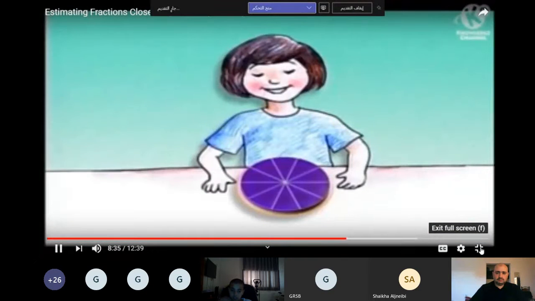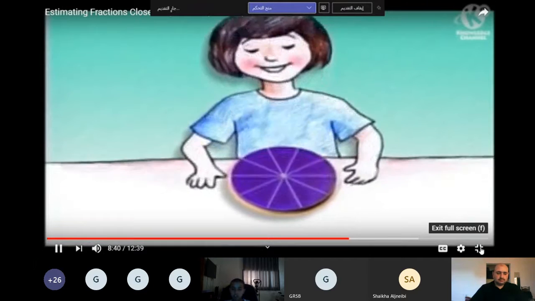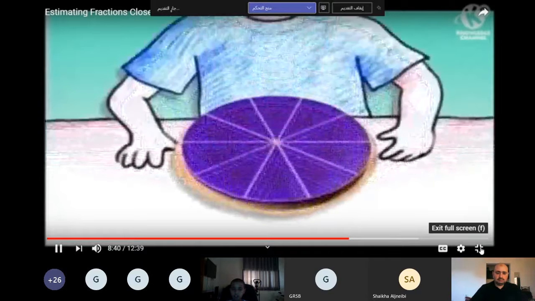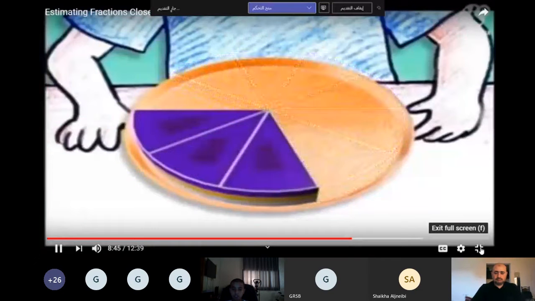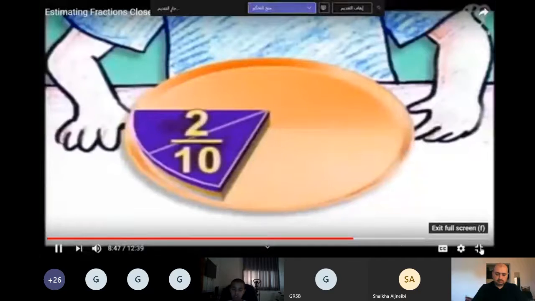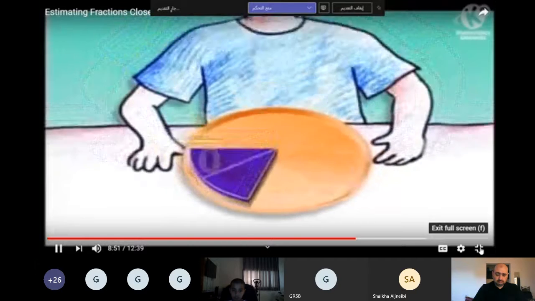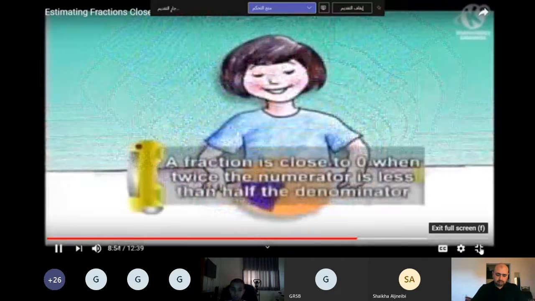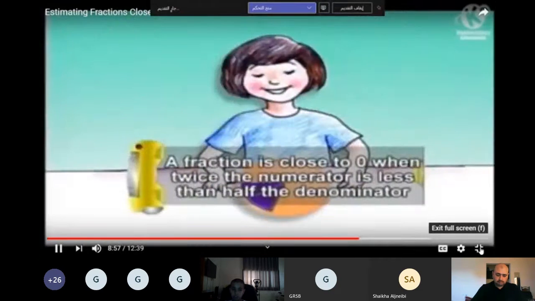This girl sells sapin-sapin. It looks like she is doing well. She only has 2 slices left out of her 10 slices of sapin-sapin. 2 out of 10 is 2/10. 2/10 of the sapin-sapin is left. A fraction is close to 0 when twice the numerator is less than 1/2 the denominator.